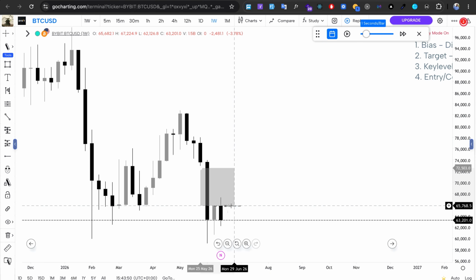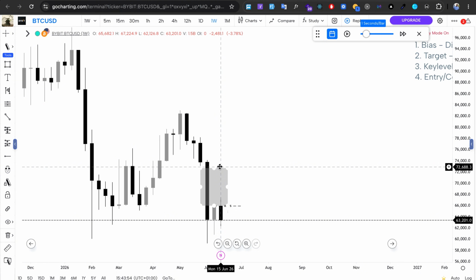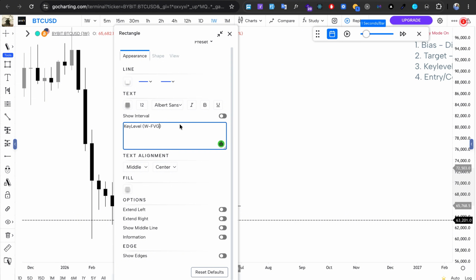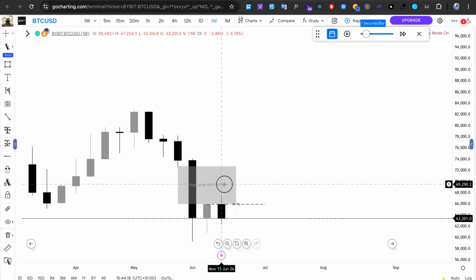This is a key level, this is a key level, and this key level is a weekly FVG. I know if I go lower, I can still refine this particular key level, but this is what I am seeing from the weekly.